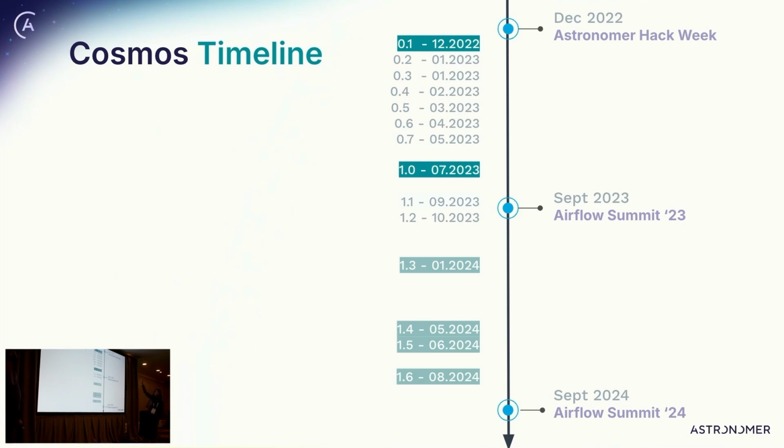Since then, there were many iterations before a stable release that happened in July last year. And then at Airflow Summit, it became clear that performance was an issue. And then we made sure that in these last releases, the focus was pretty much strategies to improve the performance so people could have a better experience.